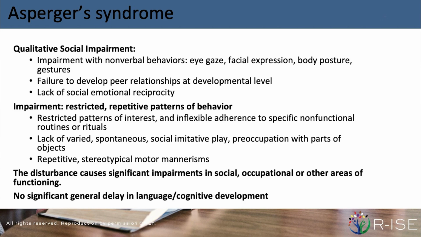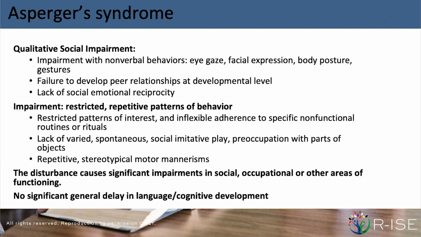However, they lack the ability to have transactional conversations. They perseverate on areas of topic of interest. Asperger's syndrome used to be its own category. Today, however, it is under the umbrella of autism. Children with Asperger's syndrome also sometimes are referred to as high-level autism.